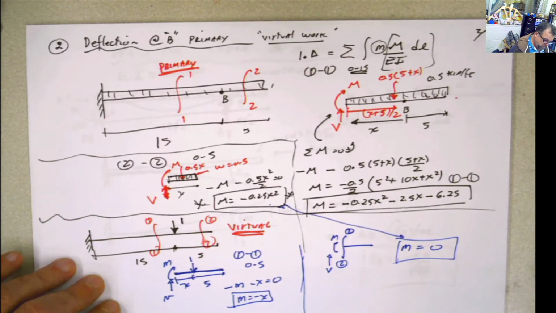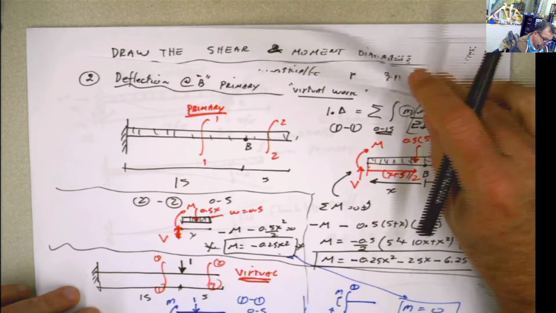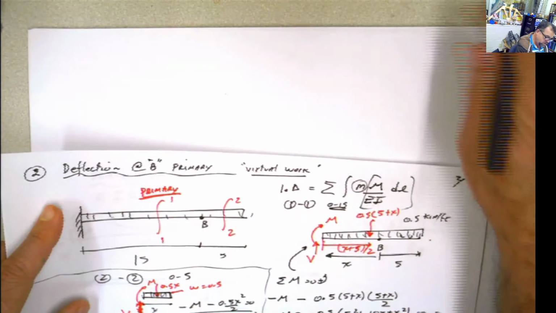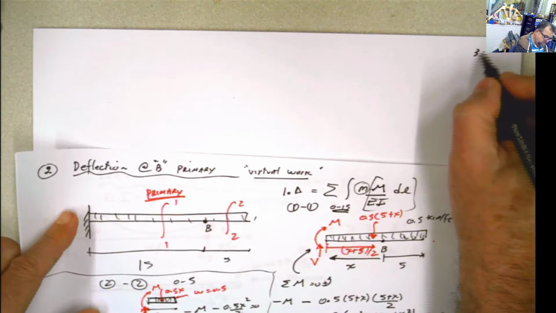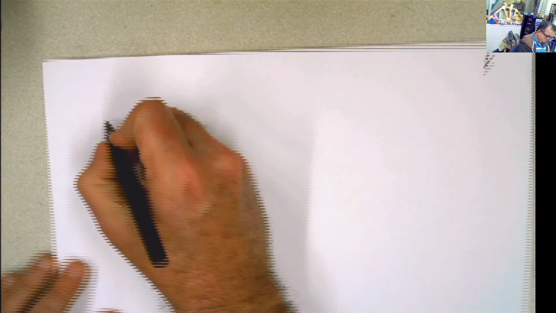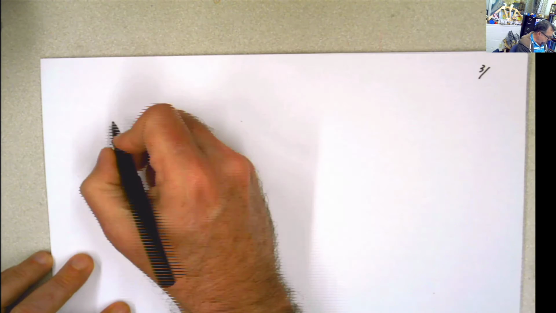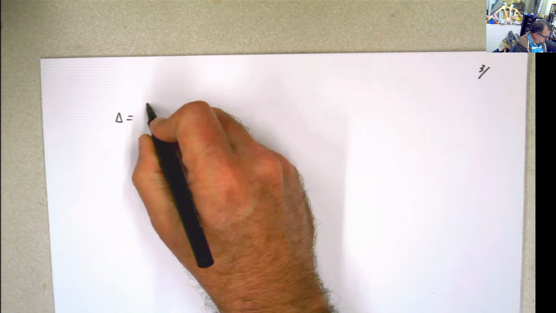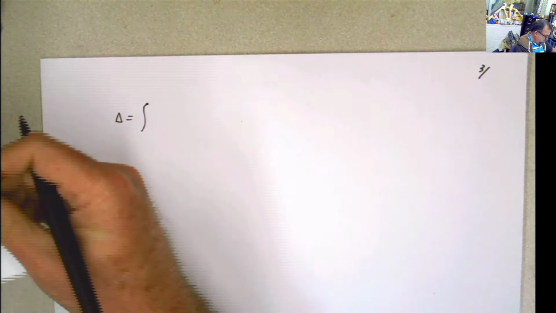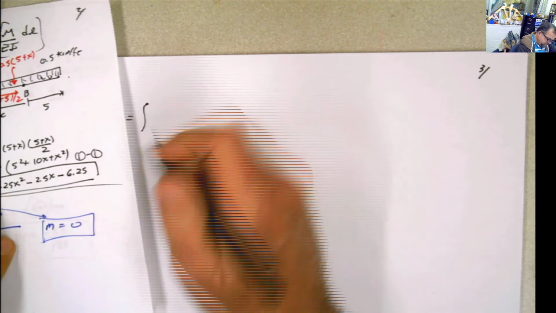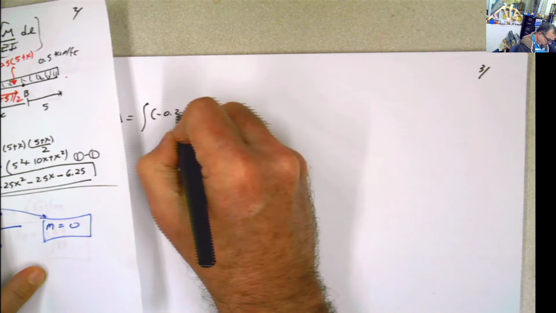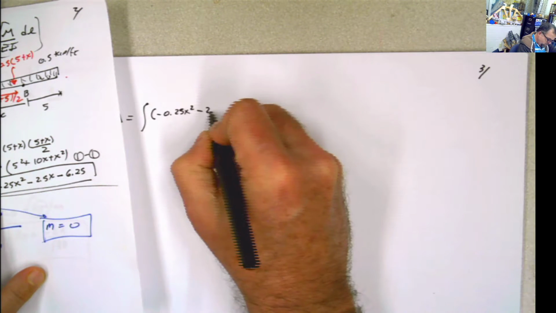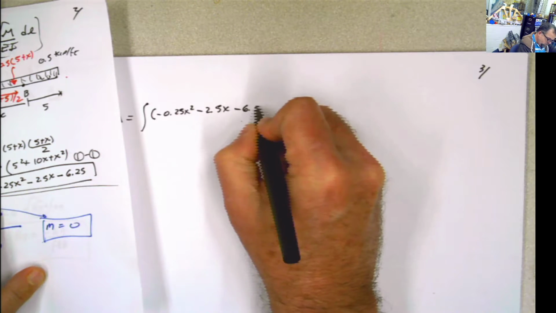Okay? So now we put this together in order to calculate the deflection. I'm still working in the primary. So now 1 times delta is going to be the integral of big M, negative 0.25 x squared minus 2.5 x minus 6.25.